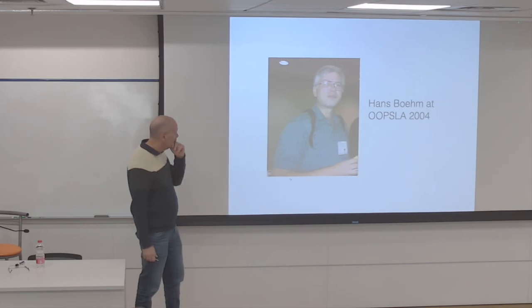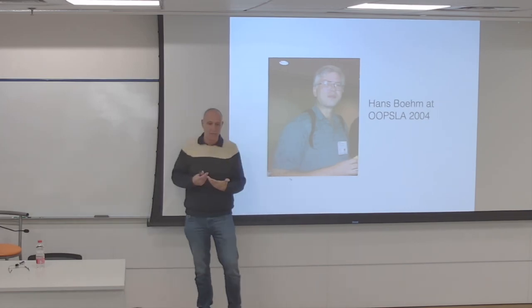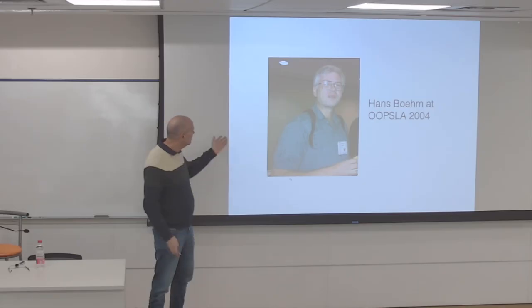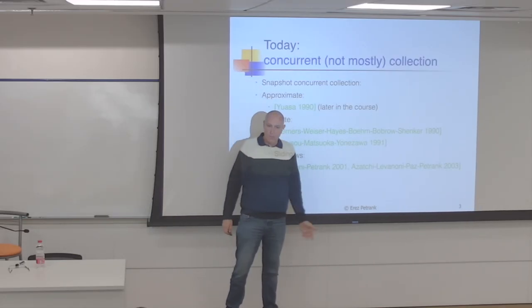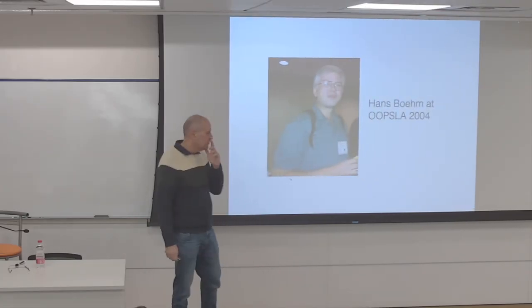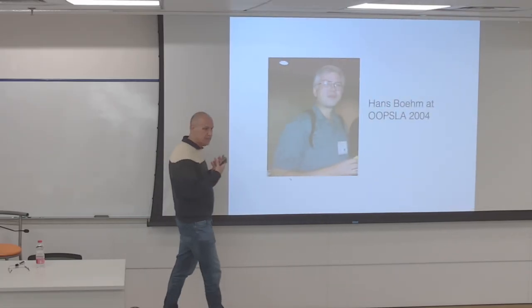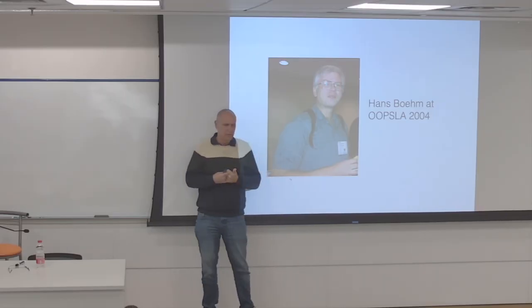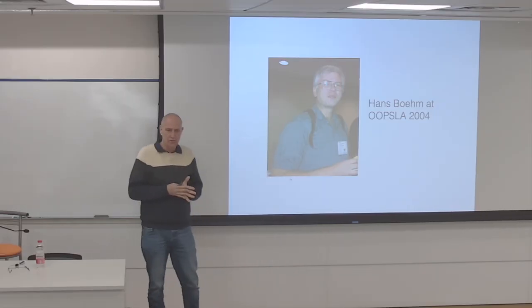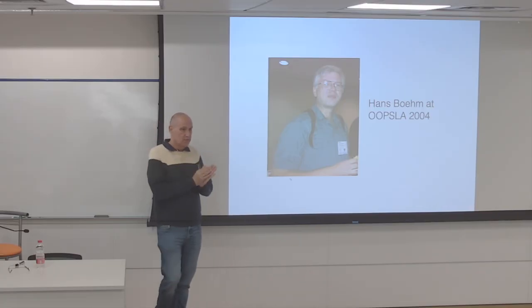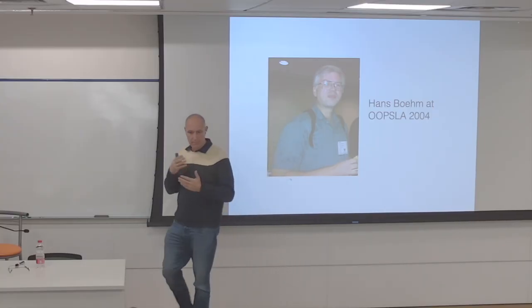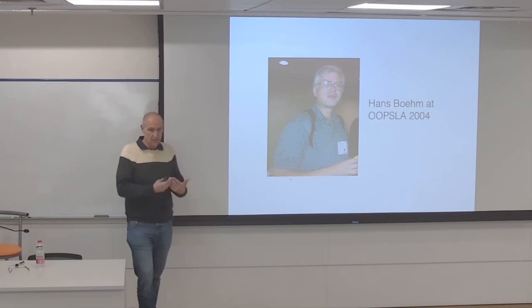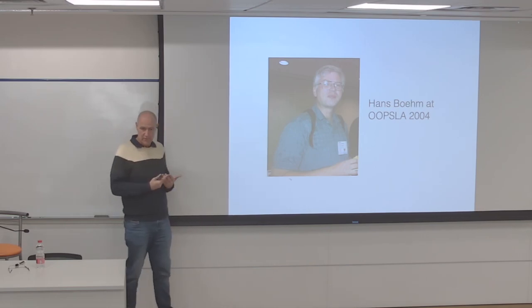Okay, let's do it. So the original way to do it was in an old paper. I want to talk about Boehm, who did a lot of things for garbage collection. He has a garbage collector for C that you can download, and instead of doing malloc and free, you can do gc_alloc and gc_free using his library.